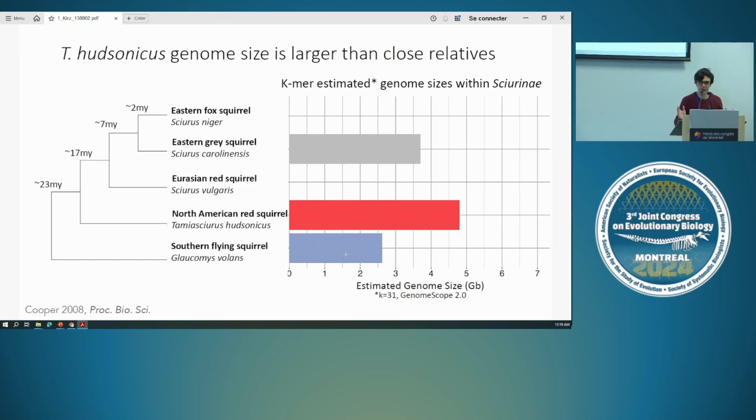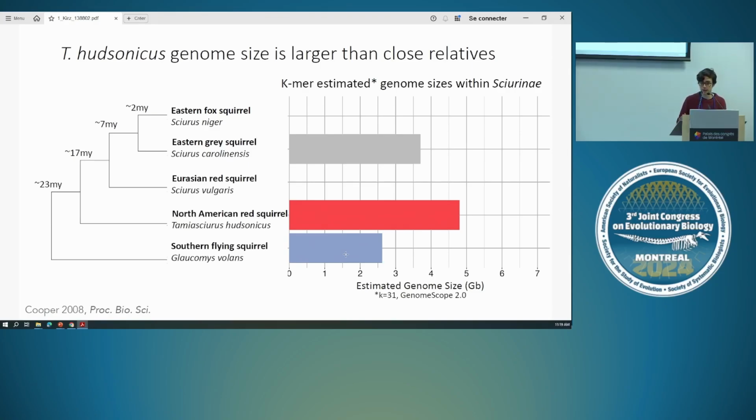There aren't published random shotgun data for every single one of these species, so as you can see, 2 of them are missing, but it still shows that T. hudsonicus has the largest genome size. I wanted to show this figure anyway because it's a separate methodology, different from assembly size, that can also reinforce some of the conclusions that we can draw from it.